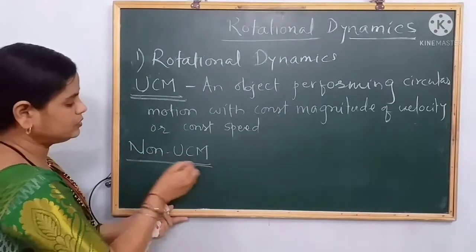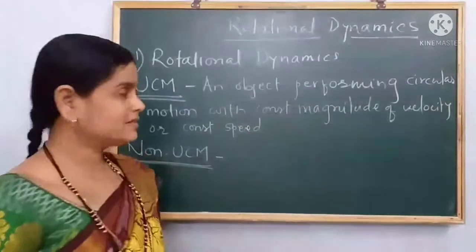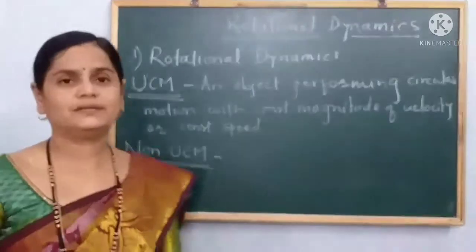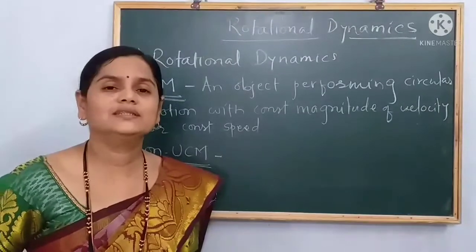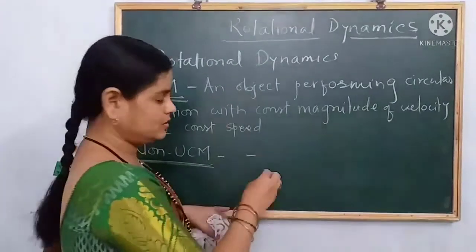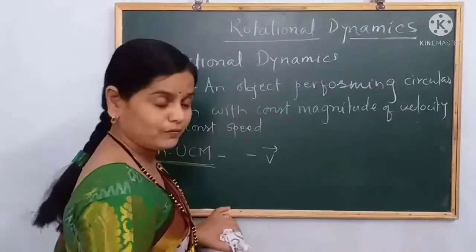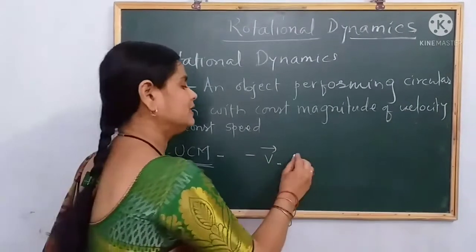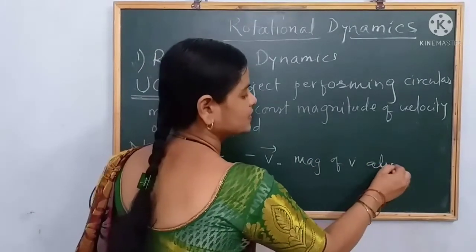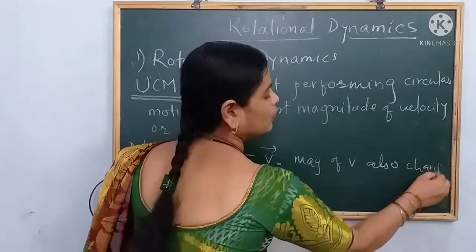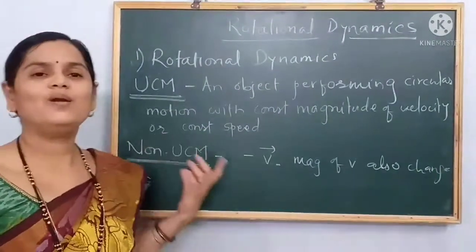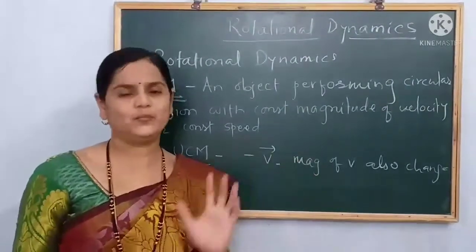Then what about non-UCM? It is when an object performs circular motion with changing velocity. Changing velocity means the direction of velocity changes, and the magnitude of velocity also changes. When the magnitude of velocity changes, it is a non-uniform circular motion.